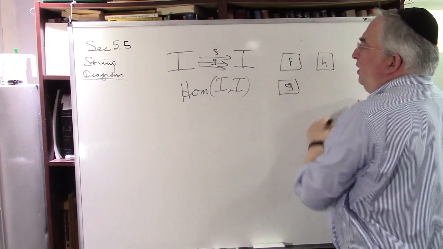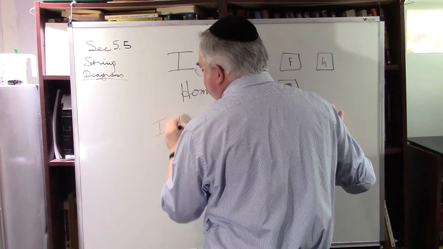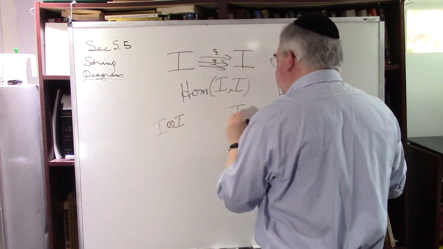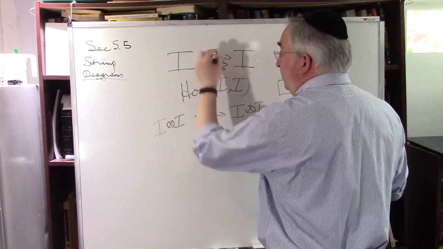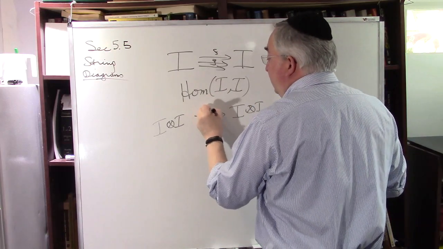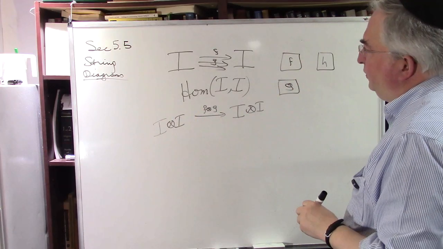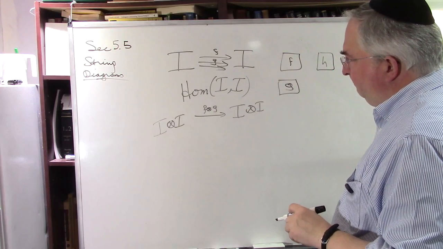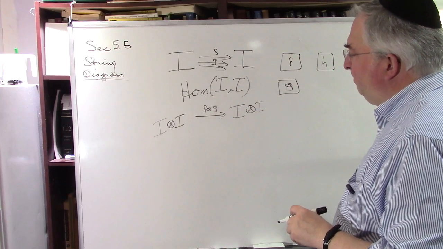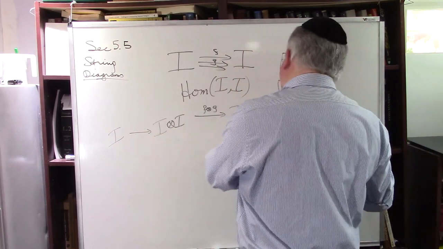Okay, but there's another thing you can do, namely, you can also have I tensor I and I tensor I, and you can compose them F tensor G, which would look like this. So you can compose them sequentially or in parallel.